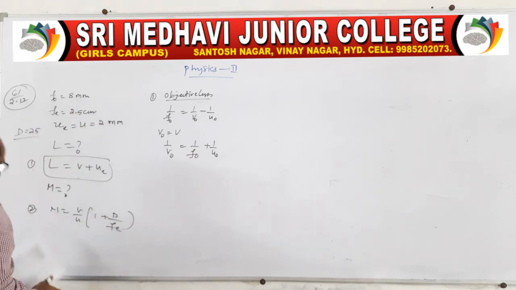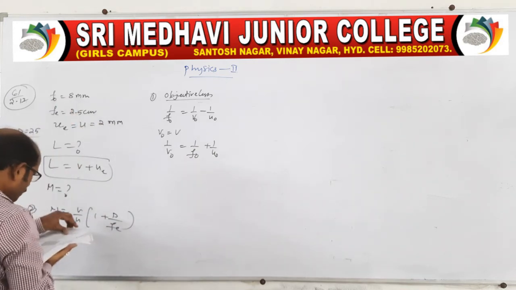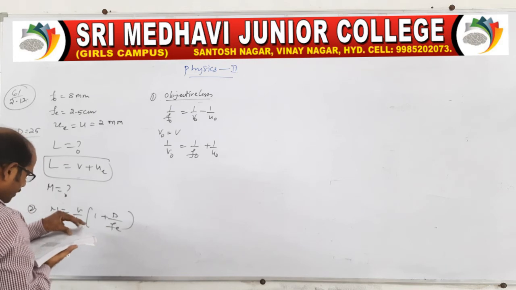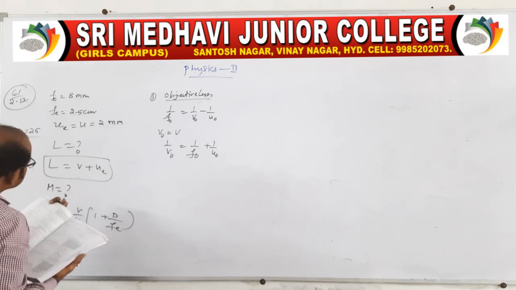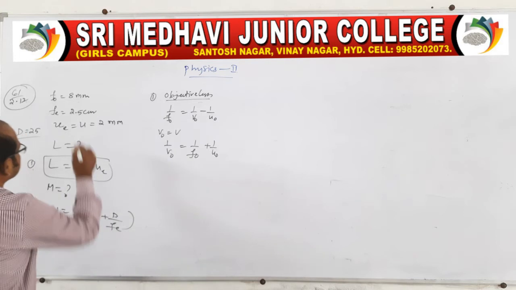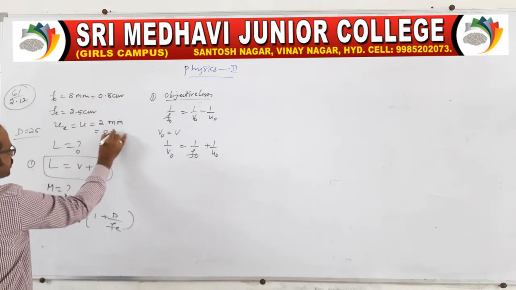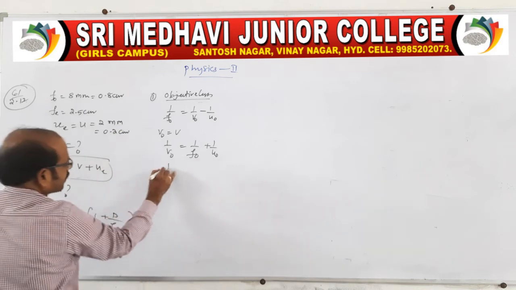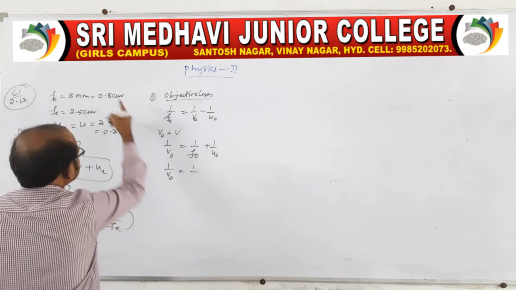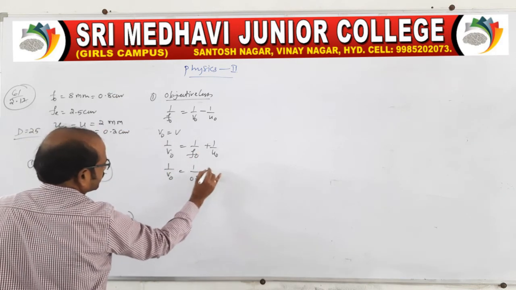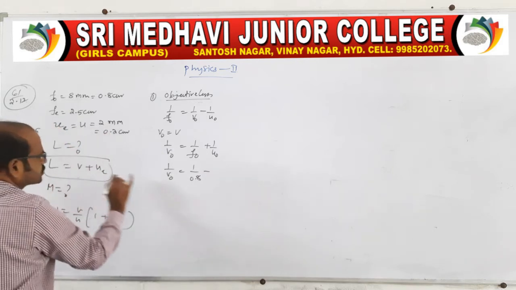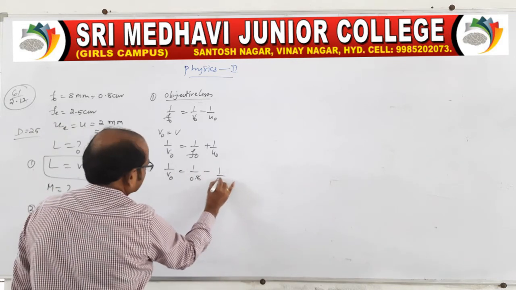F naught is given in 8 mm, so you convert into centimeters, 0.8 centimeter. Here also 0.2 centimeter. So 1 by V naught is equal to 1 by 0.8 minus, because it is measured in opposite, so you say 1 by 0.2.